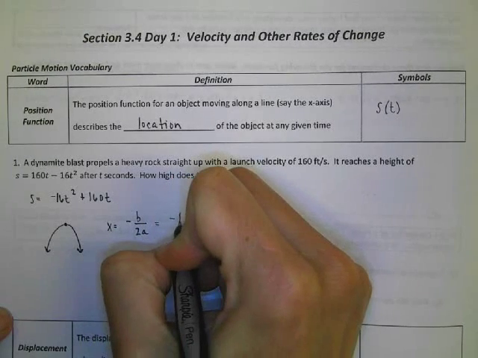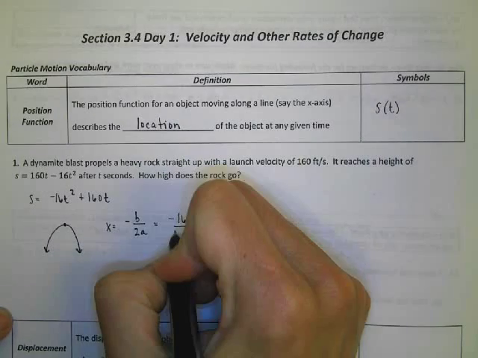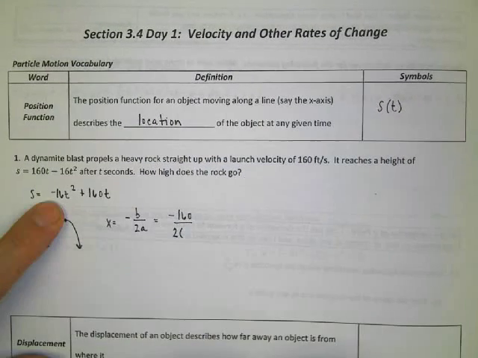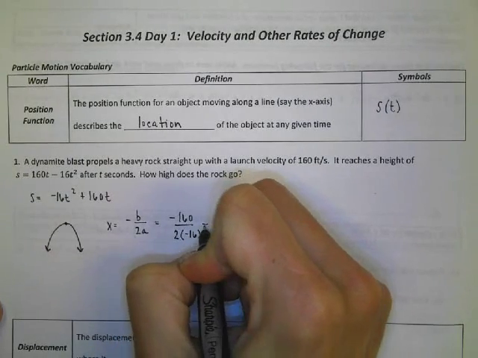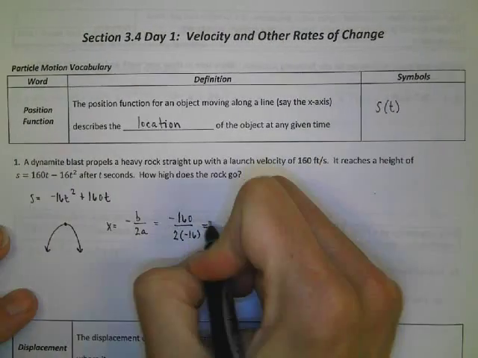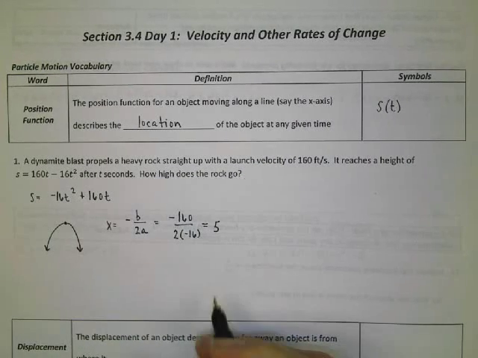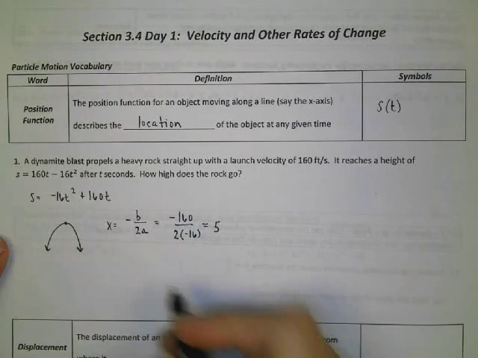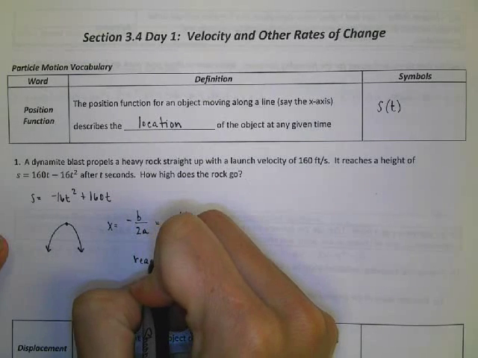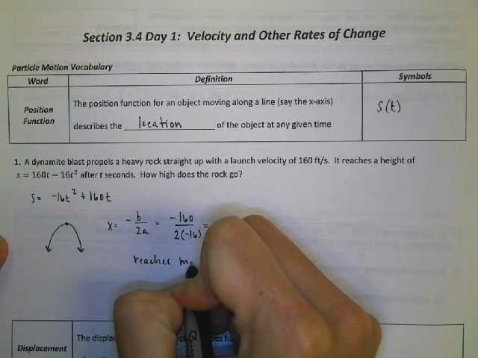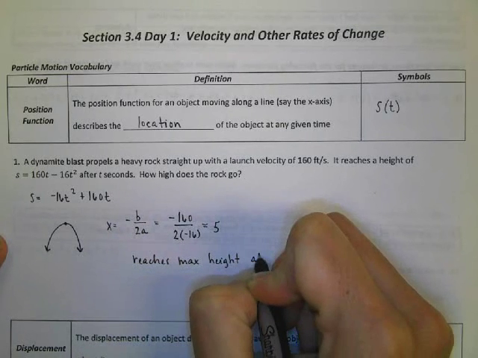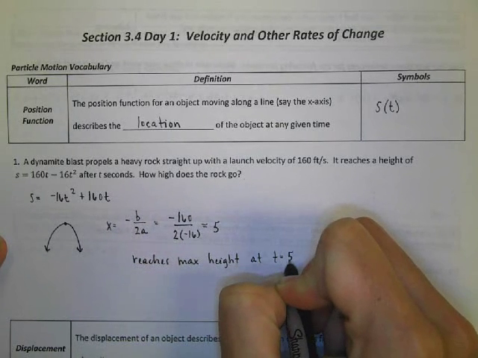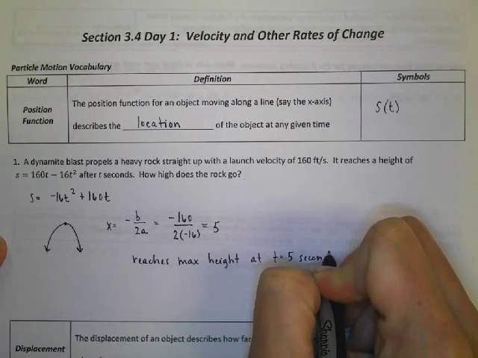So I'm going to plug in the opposite of 160 all over 2 times, and our a is a negative 16. So if I simplify that, I get 5. So I know it reaches its maximum height at t equals 5 seconds.